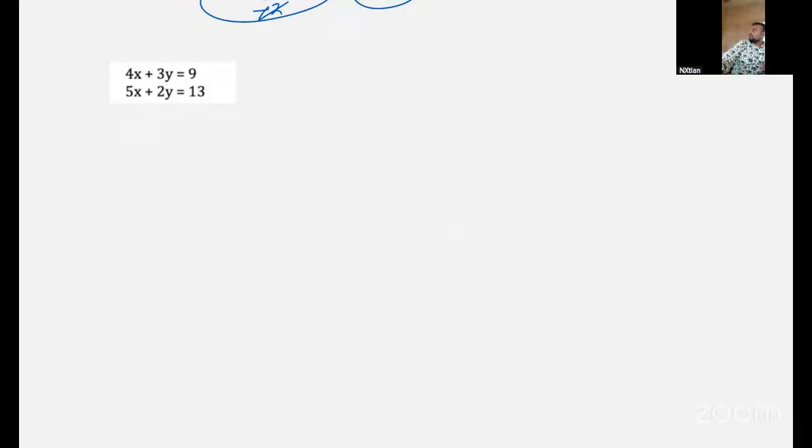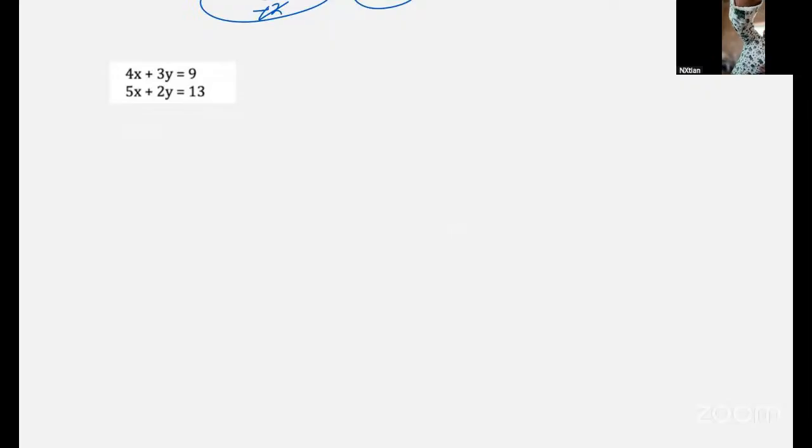First, tell me which variable you want to eliminate. You can eliminate x or y, it's your choice. You want to eliminate y? Okay, so you have to make the coefficients common. Can you take out the LCM if you are not getting any common factor between them? What is the LCM of 2 and 3?